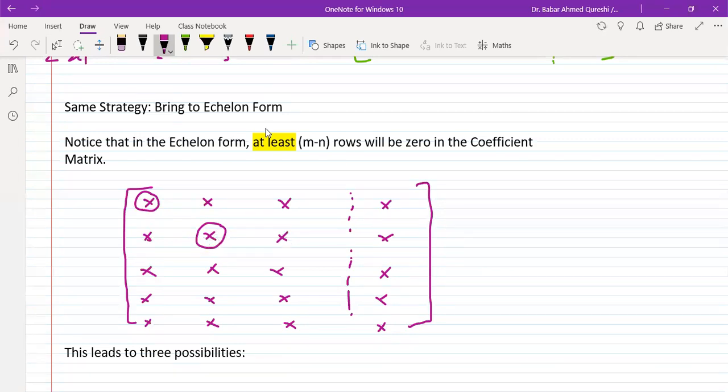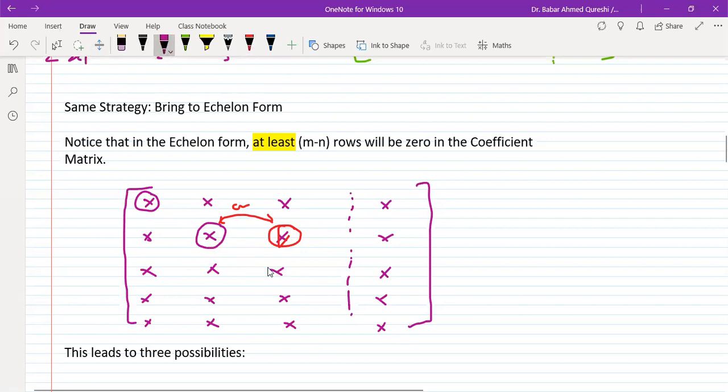Then it would be at this spot. So either this or this. So suppose it's over here.